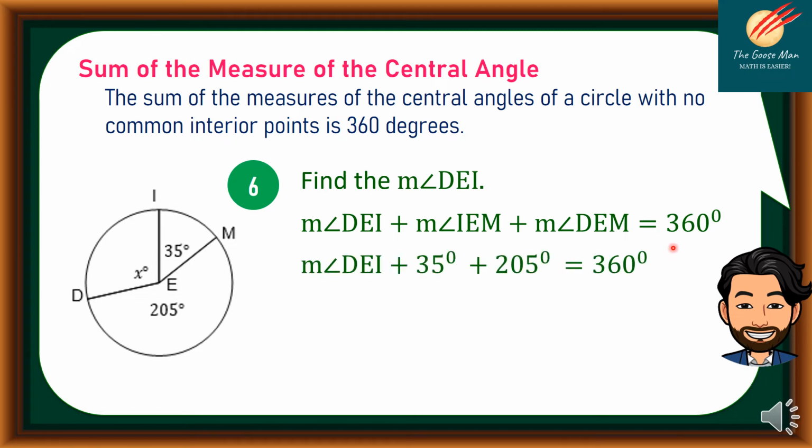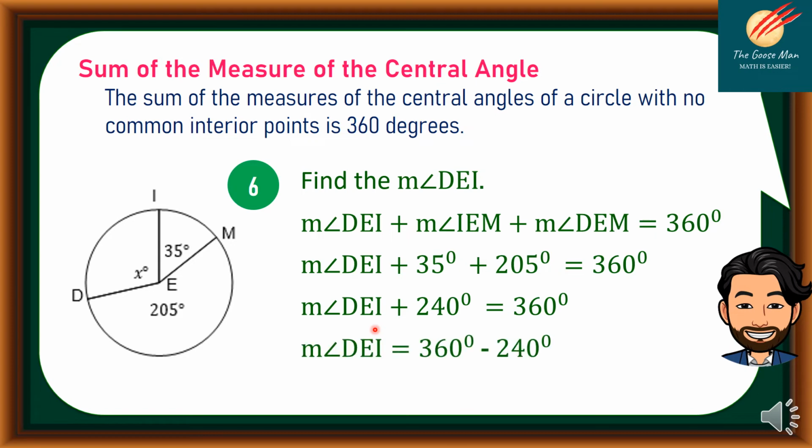Then substitute the values of 35 degrees and 205 degrees. The sum of these is equal to 240 degrees plus the measure of angle DEI. If I want to find the measure of angle DEI, I subtract 240 from both sides of the equation. Therefore, the measure of angle DEI is equal to 120 degrees.